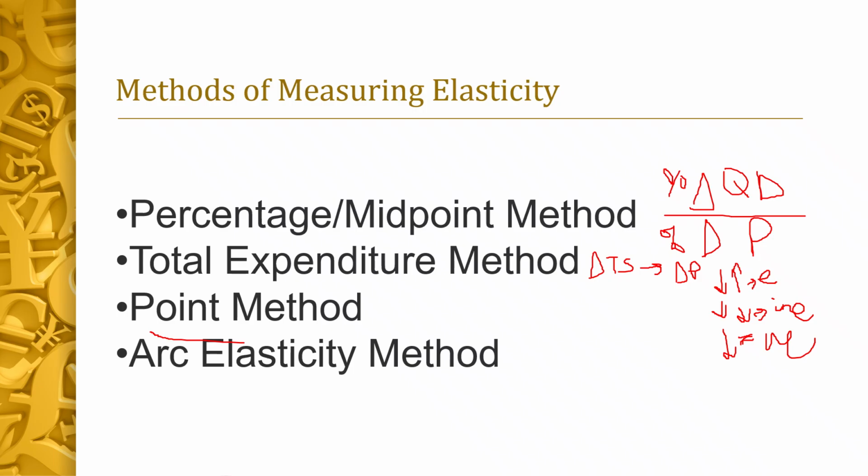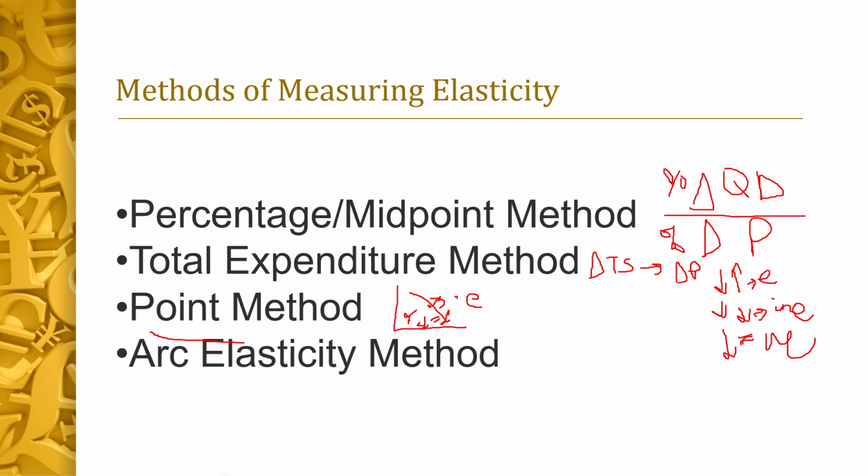First is that on the upper portion of a straight line, so if I draw a curve and I show you a straight line curve, any point that is coming above the curve is elastic, and if it is in the middle, then we say that it is equal to 1, and if it is below anywhere here, then we say that it is less than 1.